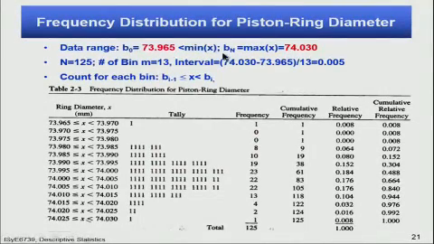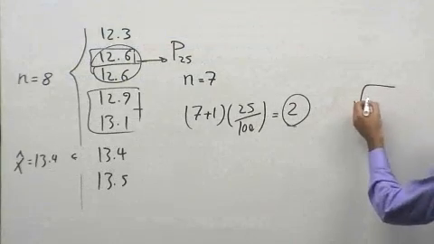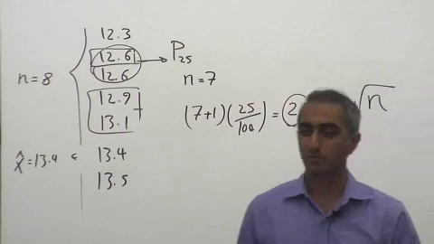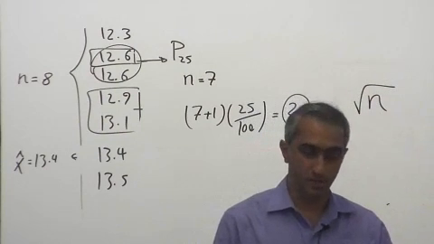Okay? So the next step is to find the number of bins or intervals that I'm going to use. There is a rule of thumb: the square root of the sample size could be a good number for the number of bins that you want.